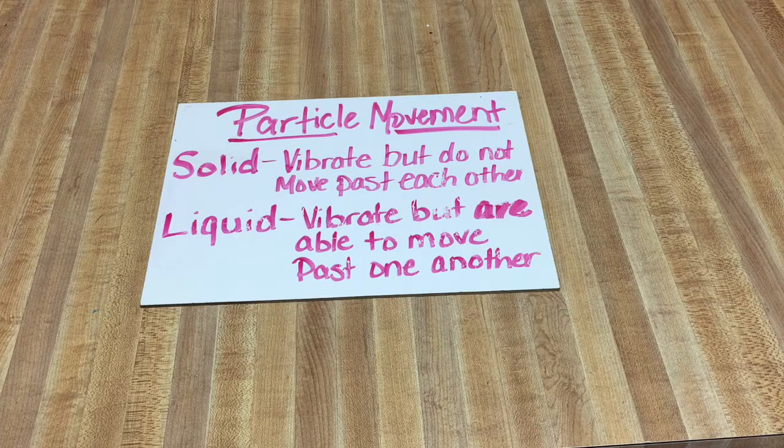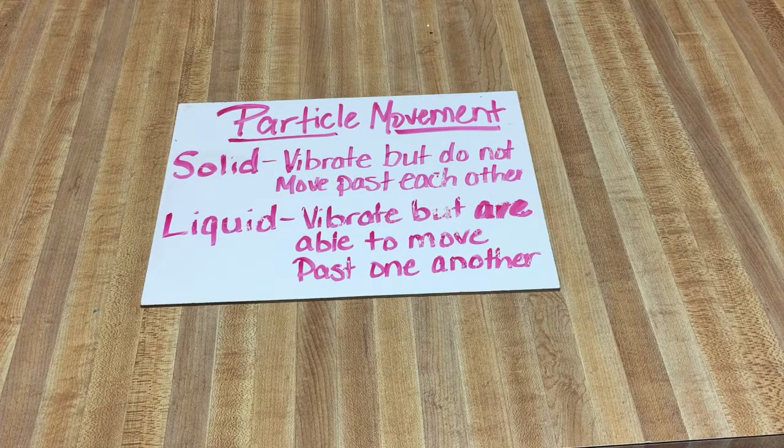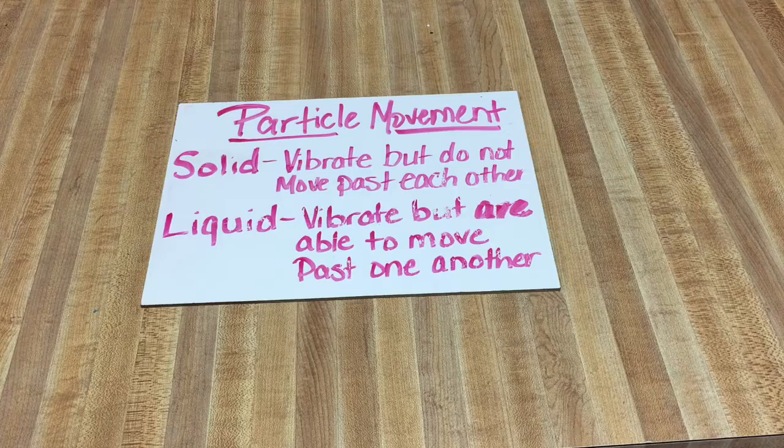So when we look at the particle movement of a liquid, they vibrate, but they're able to kind of slide past one another. Think about why that's so. Okay, in a liquid, they're not as tightly packed as that of a solid. And because they're not as tightly packed as that of a solid, they're able to kind of slide past each other.